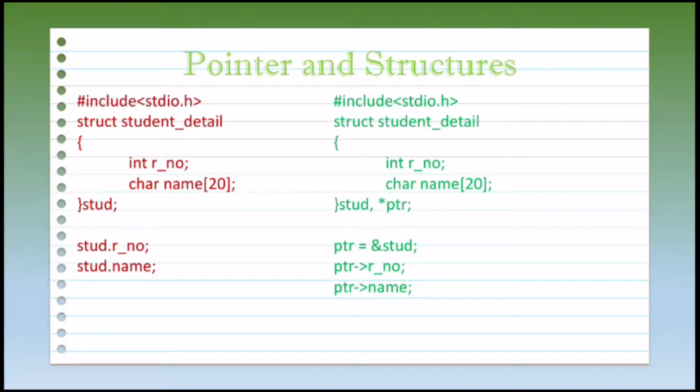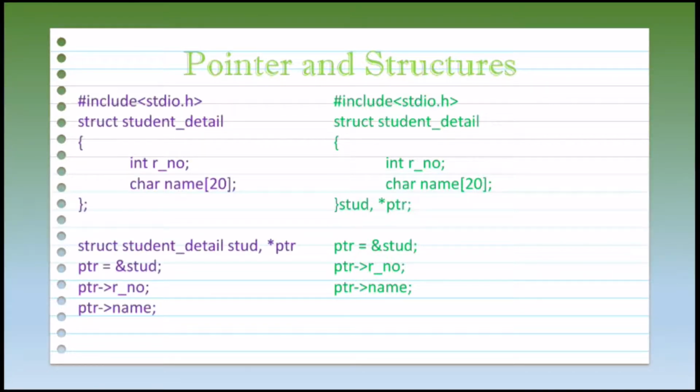So the same example we can use in different way also. So this is another way. Basically in previous example we were declaring and creating the variables in same structure, that is while declaring the structure we are trying to create, that is stud and another variable, that is pointer variable ptr. But here we are creating structure variable and pointer variable outside the structure declaration. So it looks almost similar.